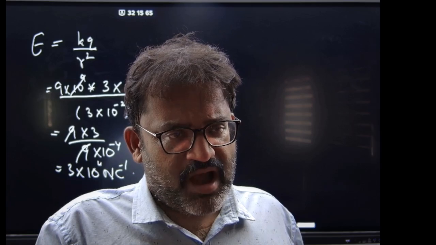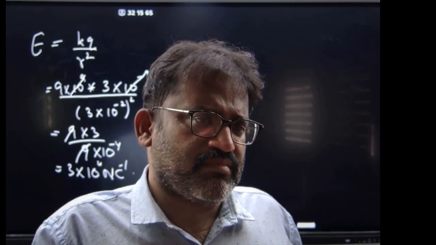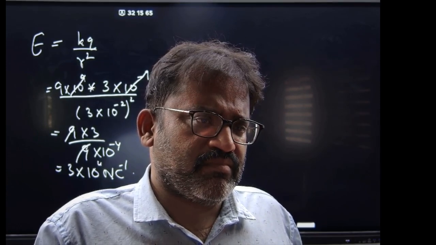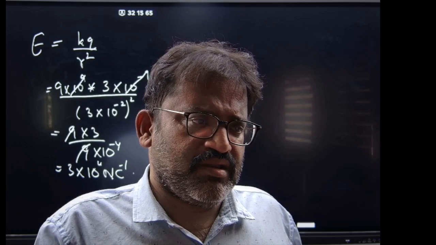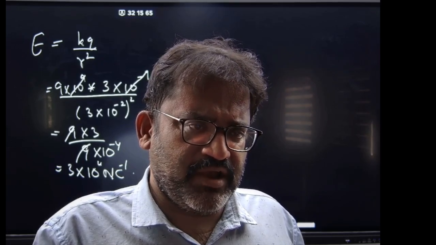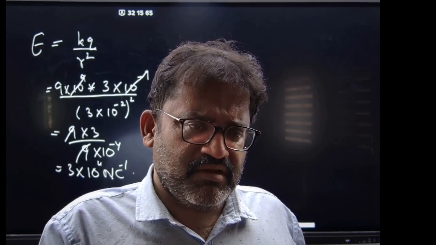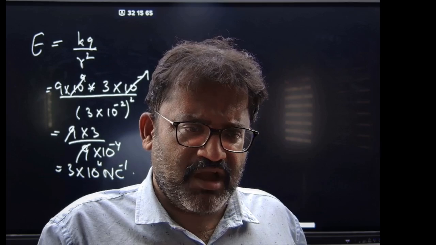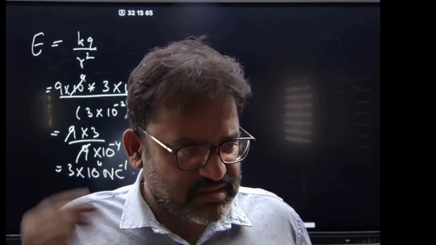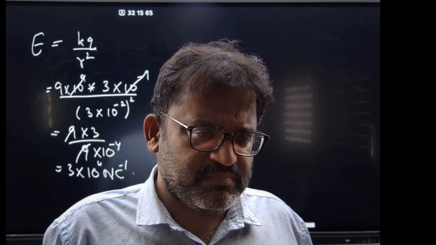So that gets cancelled. So R prime is equal to 9 divided by 16 R square, and R prime is nothing but 3 by 4.